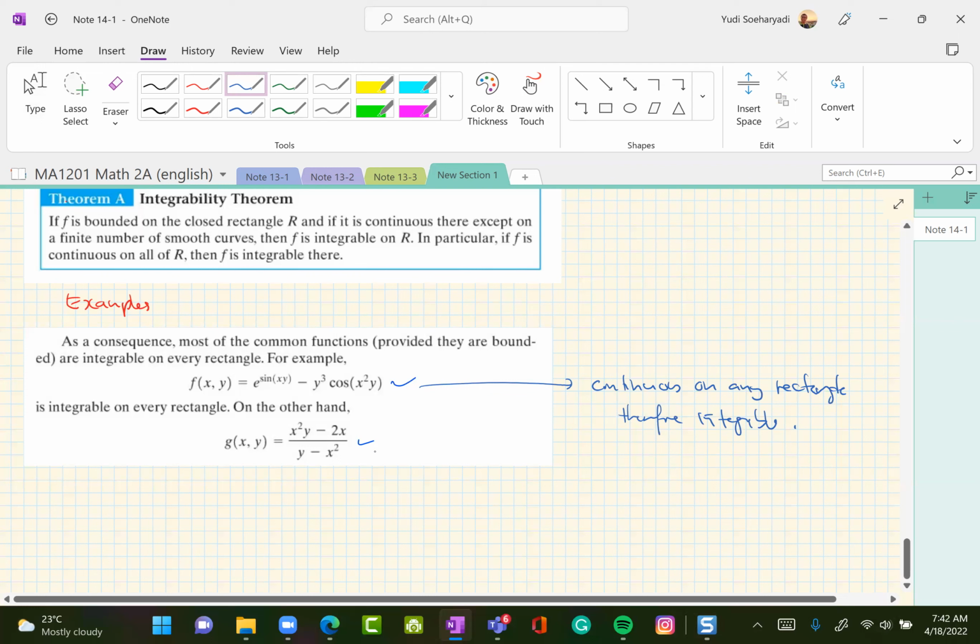On the other hand, here it's not defined on the parabola y equals x squared. In fact, this is unbounded.